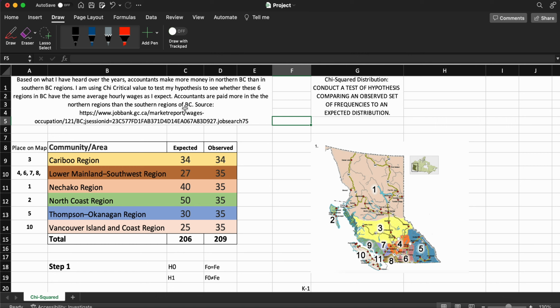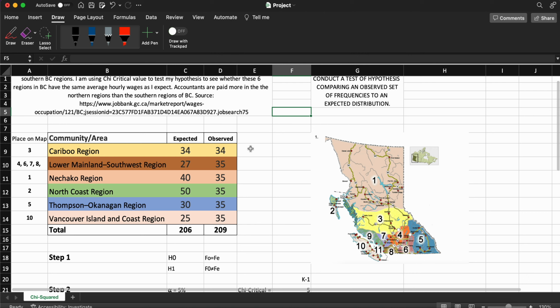I'm using the chi-critical value to test my hypothesis to see whether these 6 regions in BC have the same average hourly wages as I expect. Accountants are paid more in the northern regions than in southern regions of BC, and that is what I'm testing. And I got this data from the job bank.